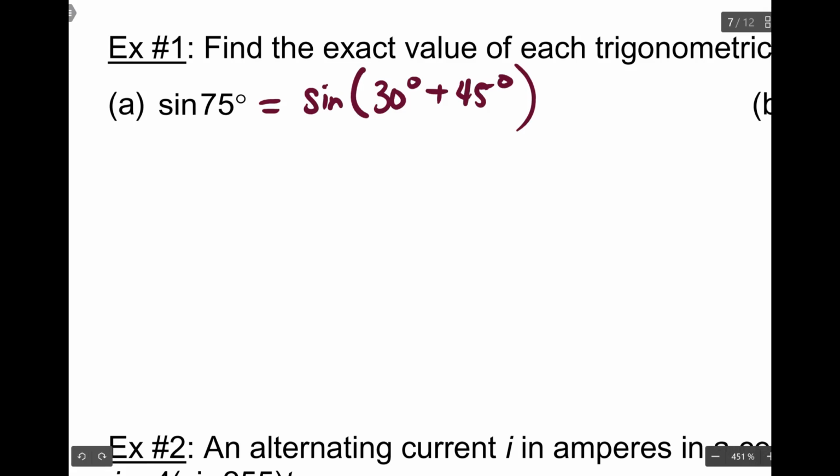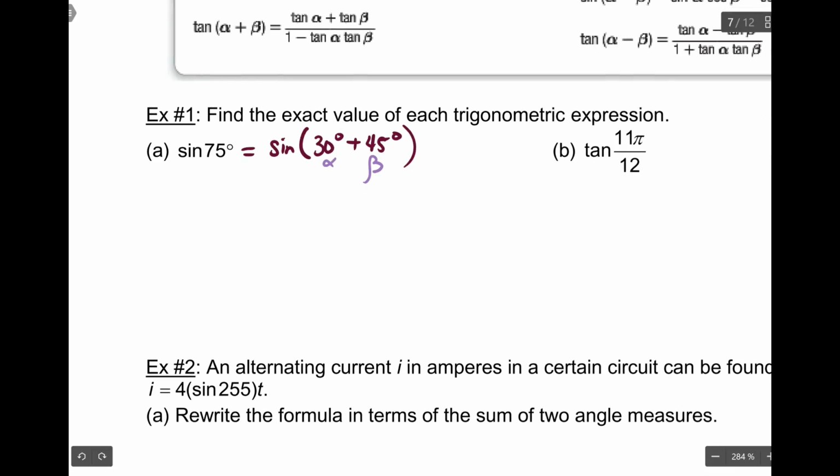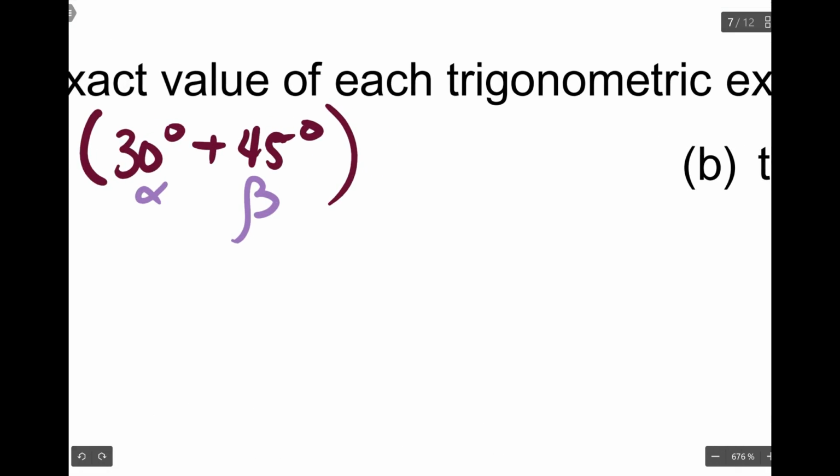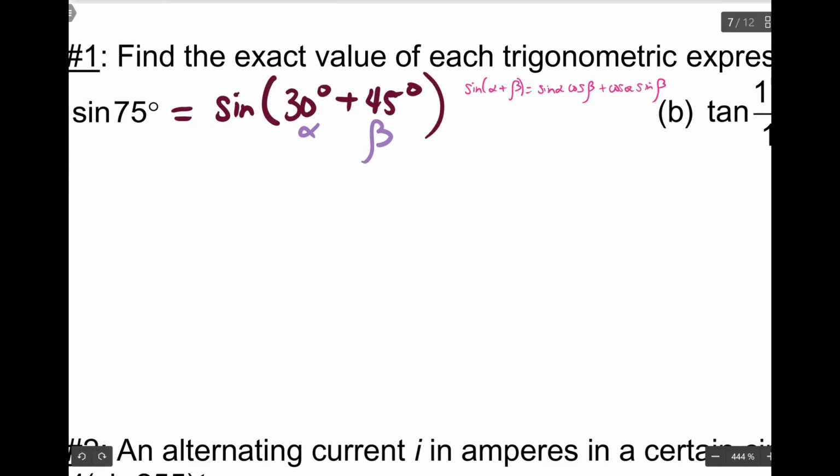I'm going to say my alpha is 30 degrees, my beta is 45. Sine of alpha plus beta is equal to sine alpha cosine beta plus cosine alpha sine beta. Cool.